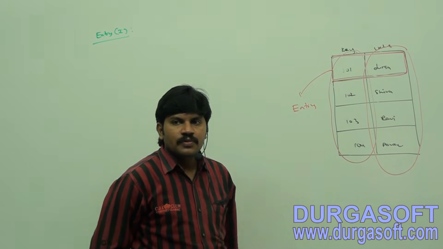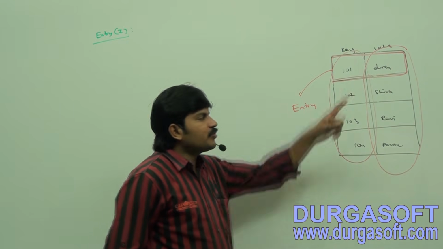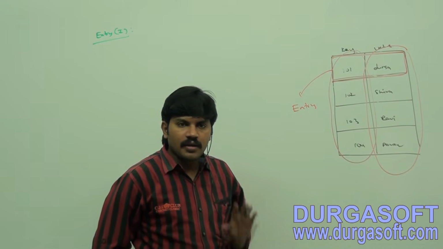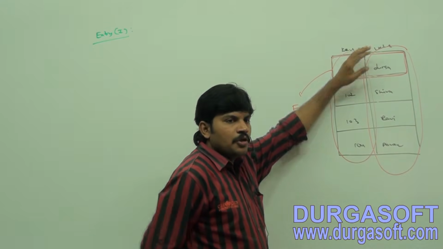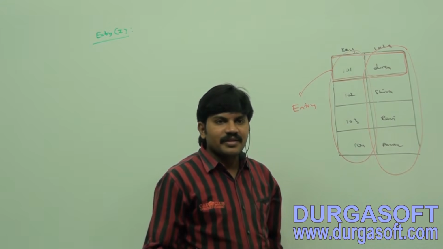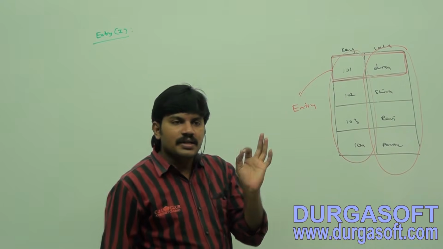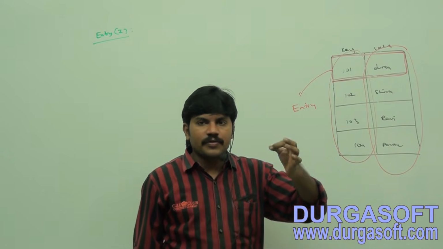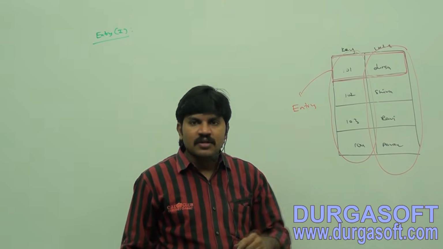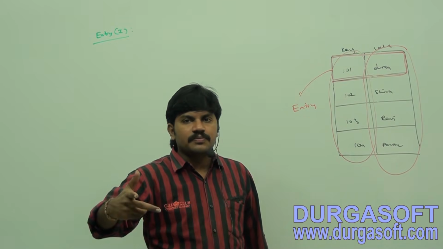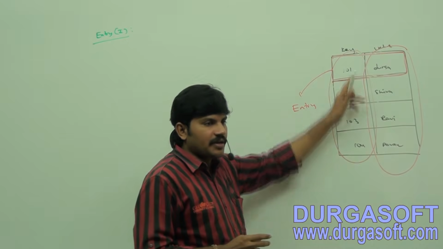Now I have one doubt. Is Entry always part of the Map or not? Entry is nothing but part of the map. If a map is not there, is there any chance of an entry existing? No. So Entry is an inner interface of the Map interface. Without an existing map object, there is no chance of an existing entry object.